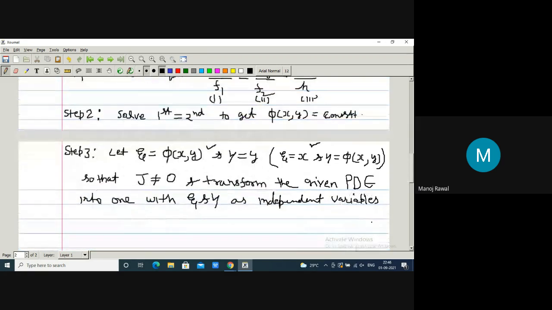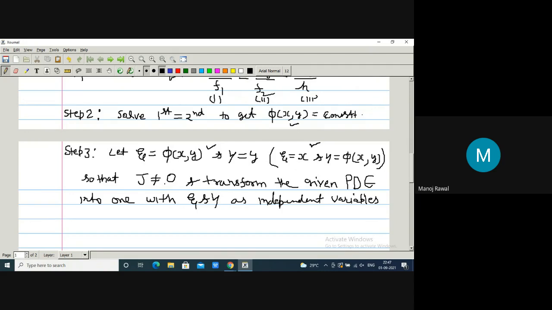In step 3, we introduce new symbols xi and eta. Either you say xi is equal to phi xy, which we get in step 2, and then eta is equal to y, or you let eta is equal to phi xy, but then xi is equal to x. Then we will check whether the Jacobian is non-zero or zero.